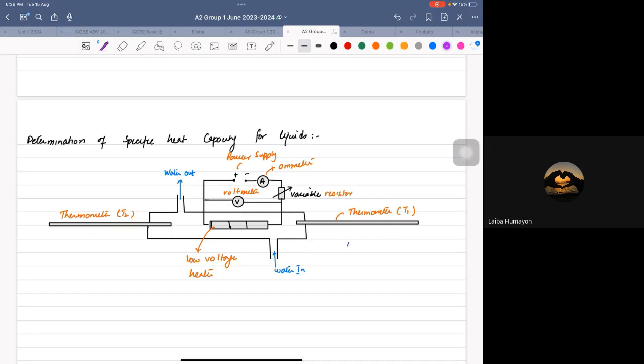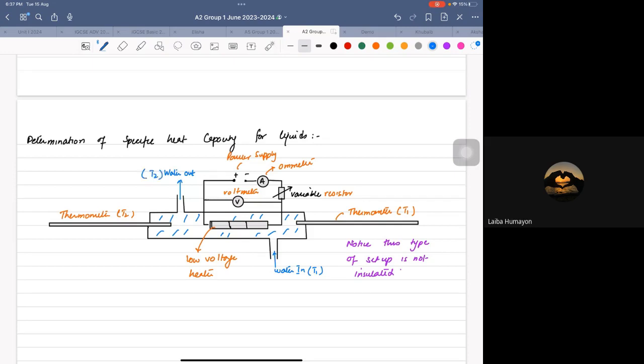Now you need to understand that this type of setup is not insulated. Because it's not insulated, there will be energy loss that we are expecting, and water is going to be flowing out. Water will enter at temperature T1, and when it is heated by the low voltage heater, it's going to come out at temperature T2.